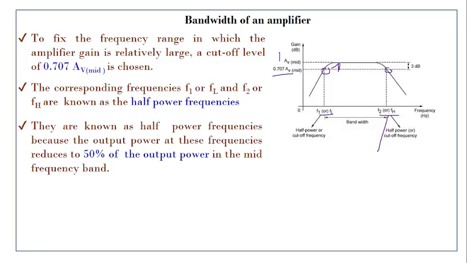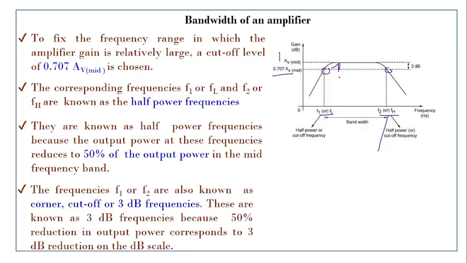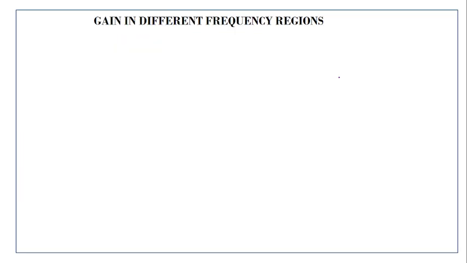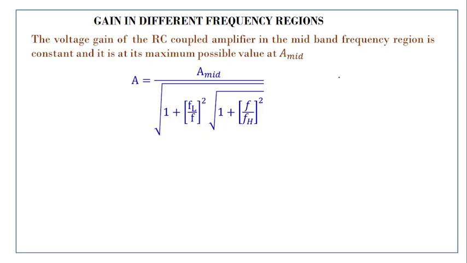It is called half power frequency because at exactly this frequency we get 50 percent of the output power of the mid frequency region, and that's why these are called corner frequencies, cutoff frequencies or 3 dB frequencies. The bandwidth is the difference between the upper cutoff frequency and the lower cutoff frequency, that is f2 minus f1, and this is the gain in various frequency regions.